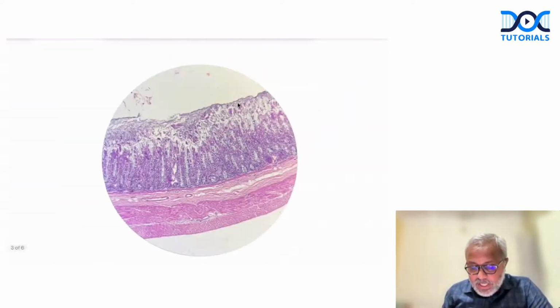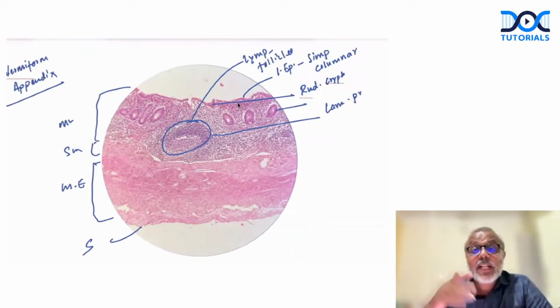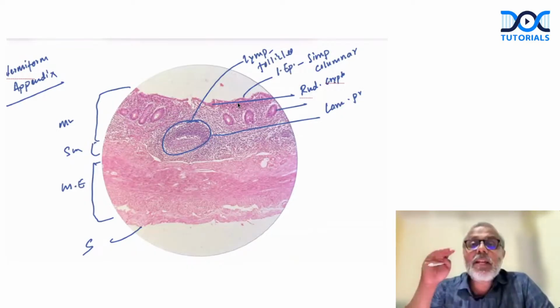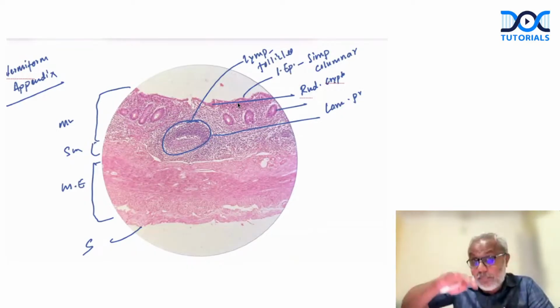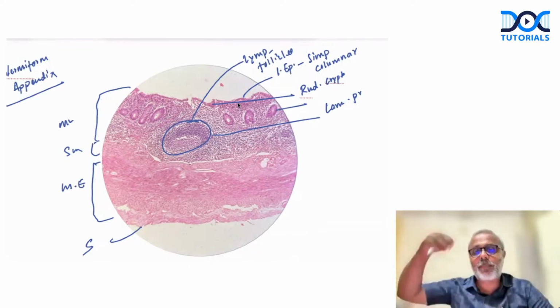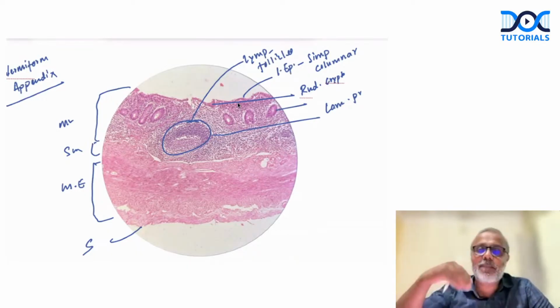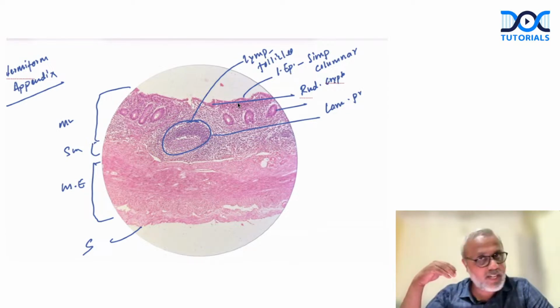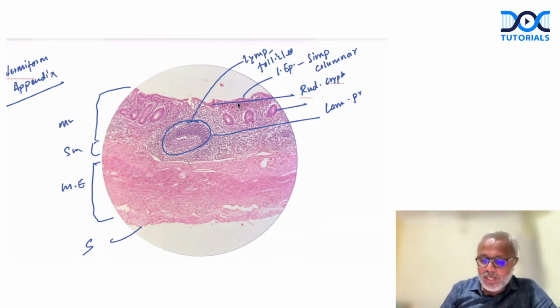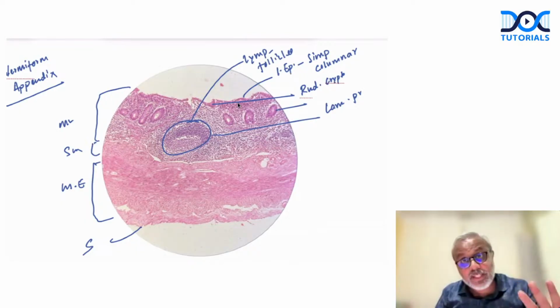Whereas here, in case of vermiform appendix, the lymphoid follicle is primarily present in lamina propria, and because the muscularis mucosa is disrupted, it seems to extend into the submucosa. Are we clear? Right. So lamina propria with lymphoid follicle.